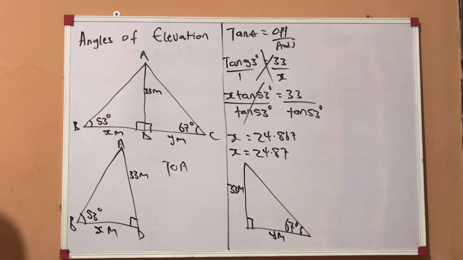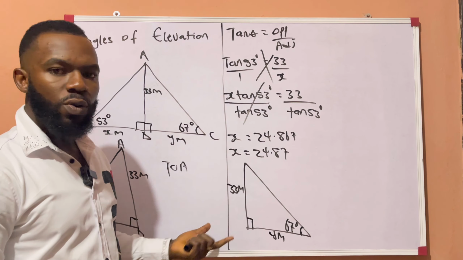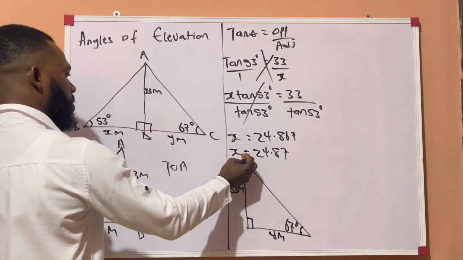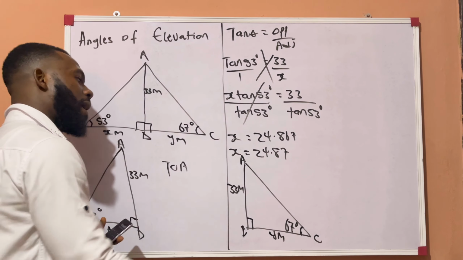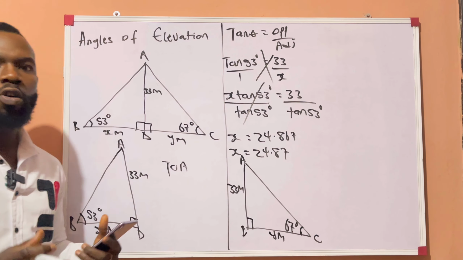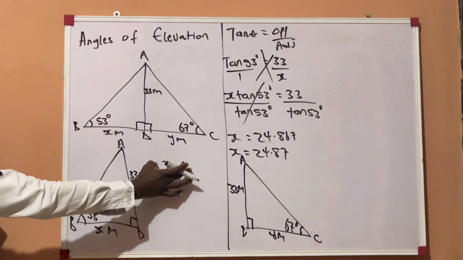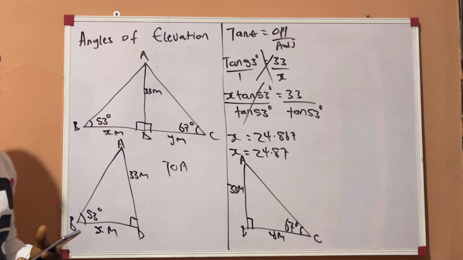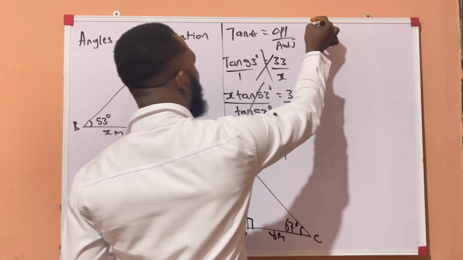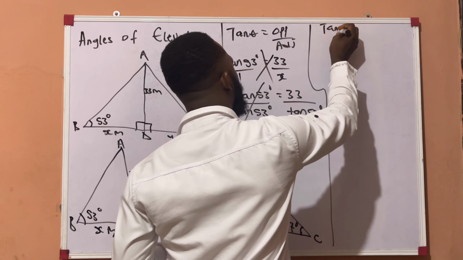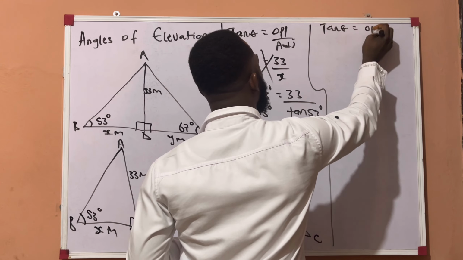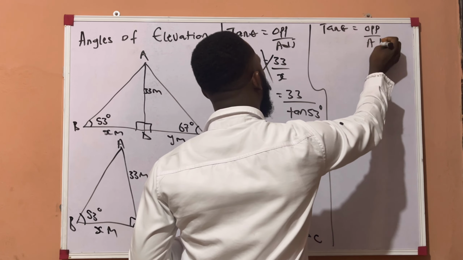So what are we using to solve for y? Again, you will notice that this is point A, point D, and point C. You will notice that line AC, which is the hypotenuse, also has nothing on it. So we are using tan, which does not carry the hypotenuse. So tan theta is equal to opposite over adjacent.